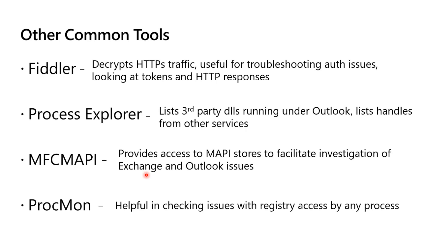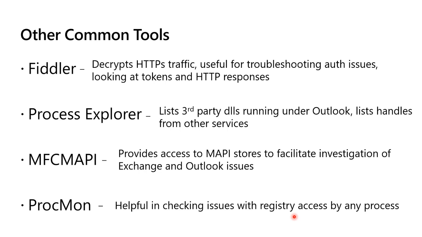And then we have something called Procmon, which is Process Monitor. Process Monitor is an advanced monitoring tool for Windows that shows real-time file system, registry, and process or thread-related activity. So this is specifically, again, used for any issues which are specific to performance, or if you are able to isolate that there could be any other application software which is interfering with the Outlook application, which could be the reason why we are facing the issue.